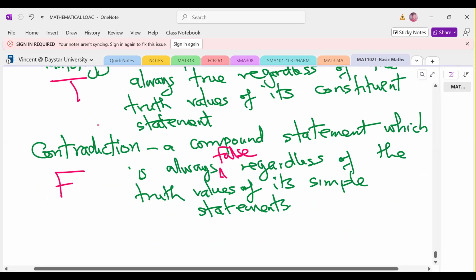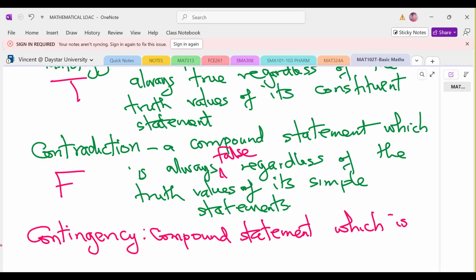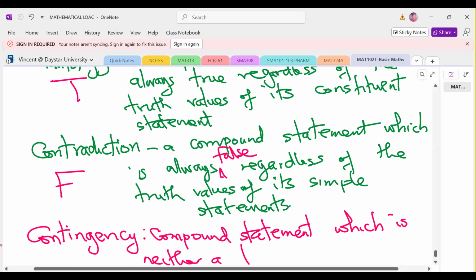And then now there's another term we call contingency. This is neither a tautology nor a contradiction, yes. So it's a compound statement which is neither a tautology nor a contradiction.